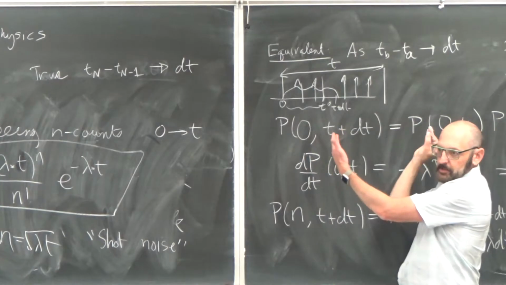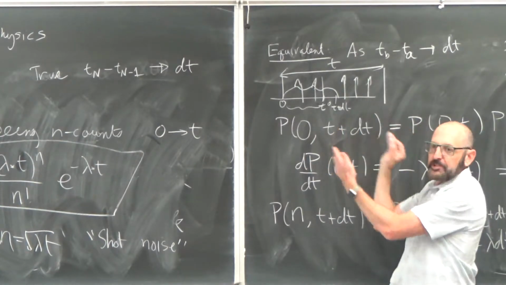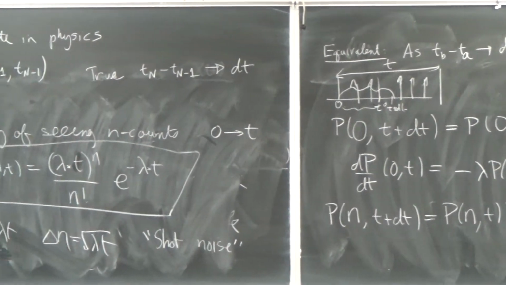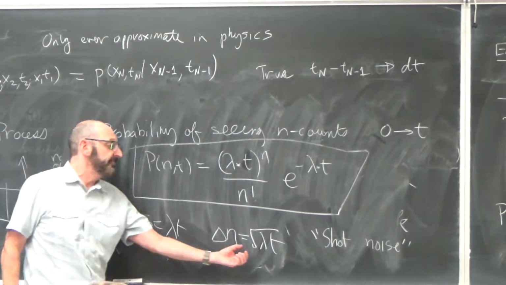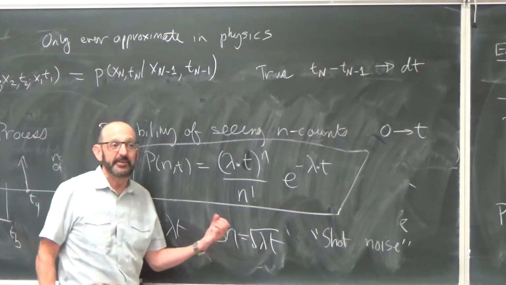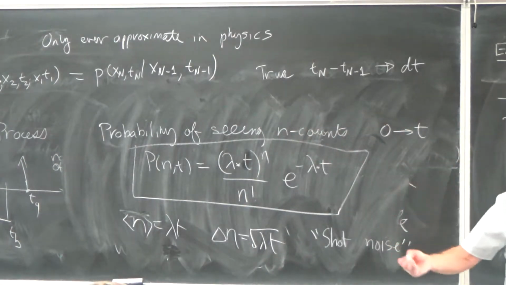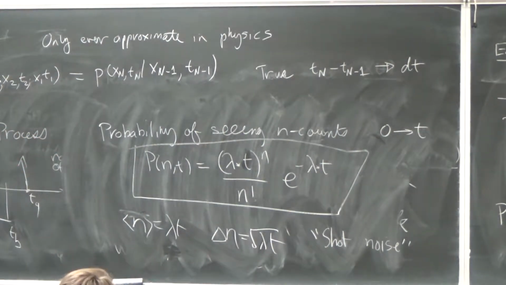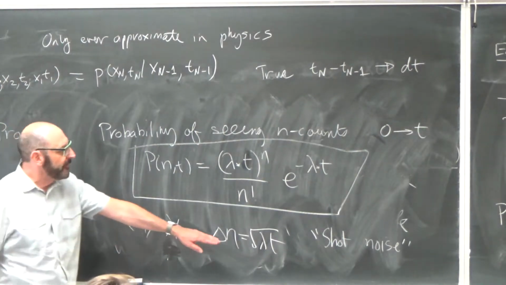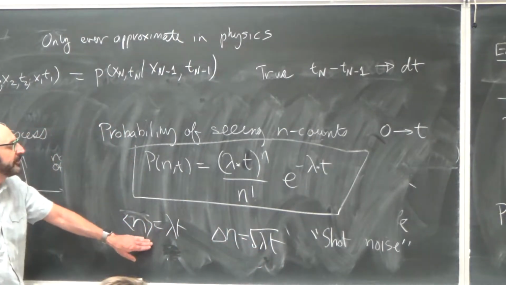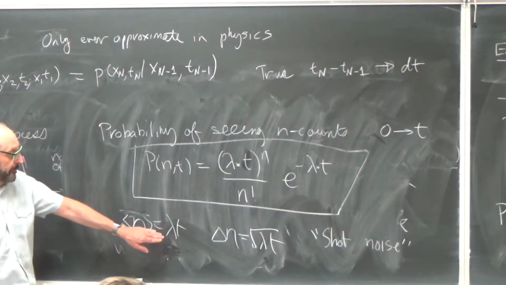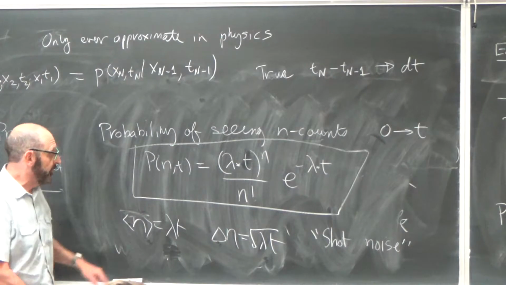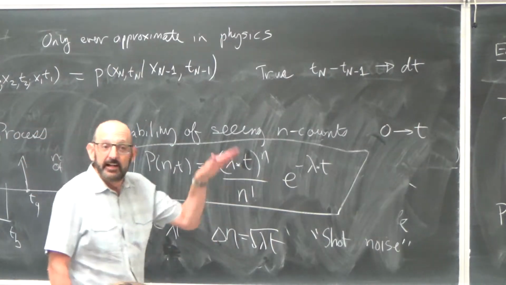But from shot to shot, the number of counts I get will vary. And the fluctuation is the square root of the average number of counts. This is counting statistics, right? And of course, the relative amount of fluctuation relative to the mean goes down the bigger the average, because delta n over the average n falls off like 1 over the square root.